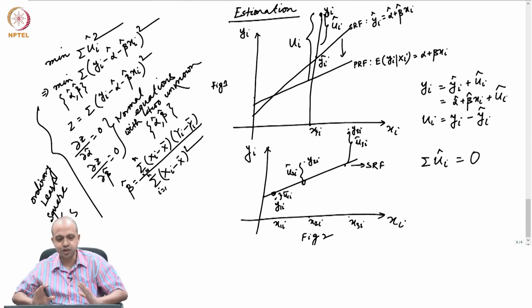So, this is actually the meaning of estimation, and this is what we actually do. We minimize the sum of ui hat square.